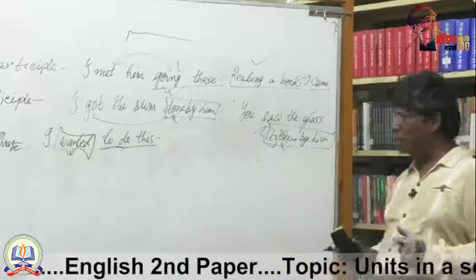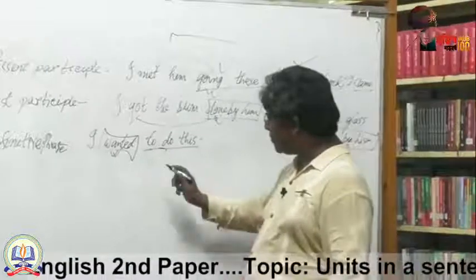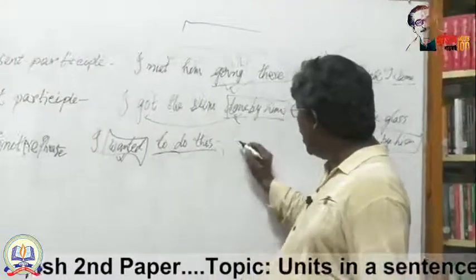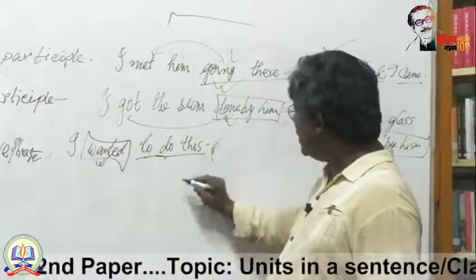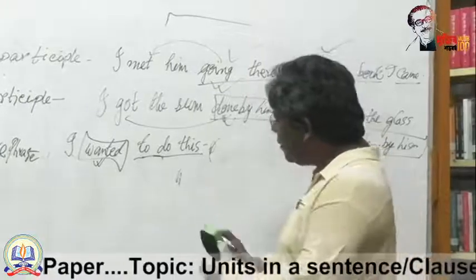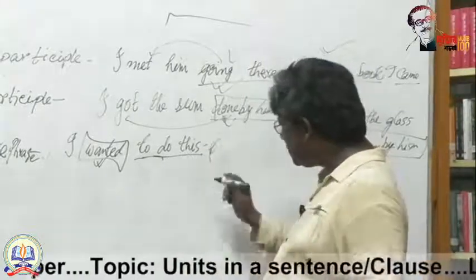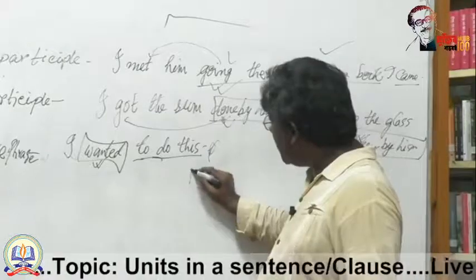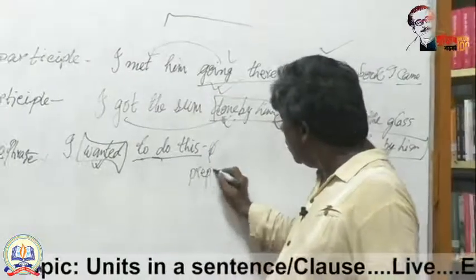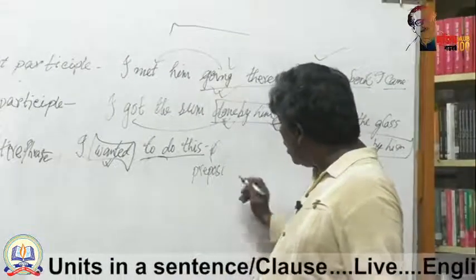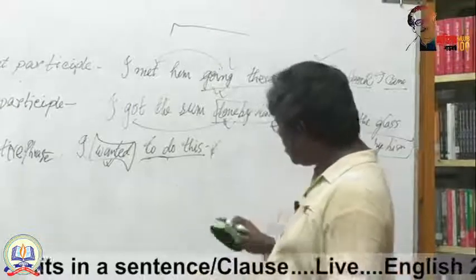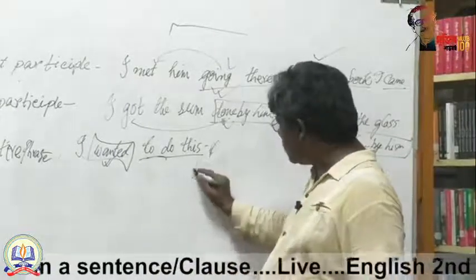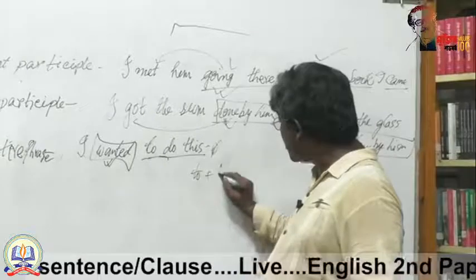Infinitive verbs are always in the active form. Infinitive verbs are made by a preposition. There is only one specific preposition, that is to plus the base form of the verb.